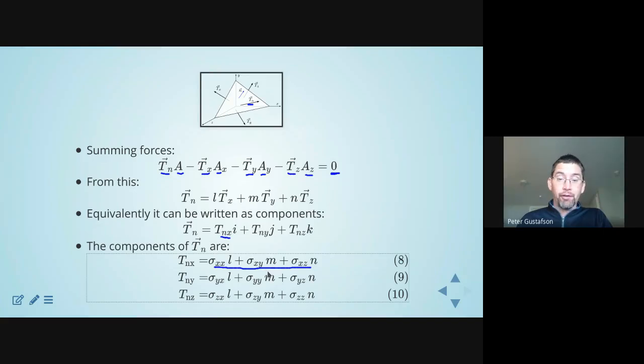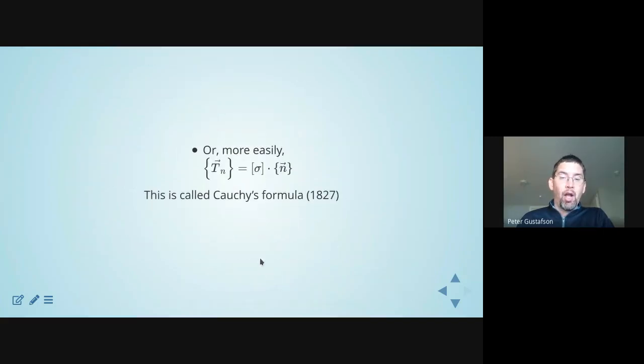It's got to be a vector on the right-hand side. I can write it more easily this way. The traction vector associated with the n face, it's a vector, is equal to that 3 by 3 matrix, the tensor, dotted with a normal vector.